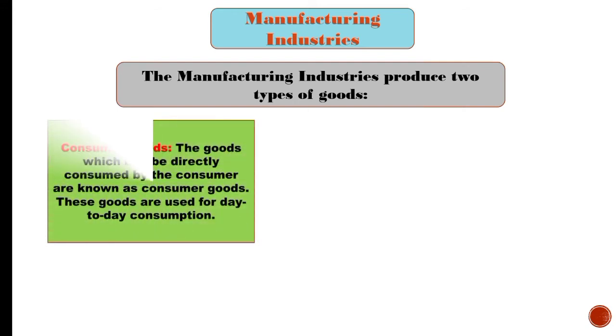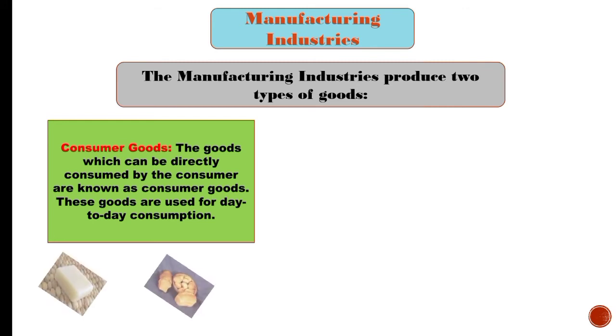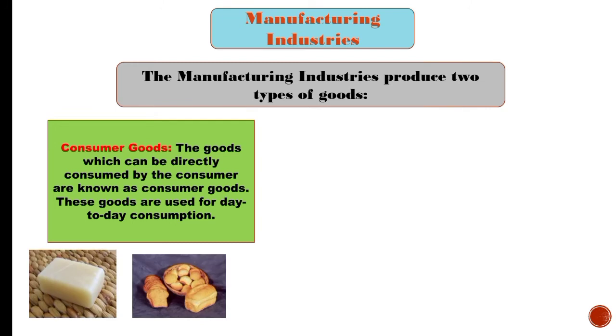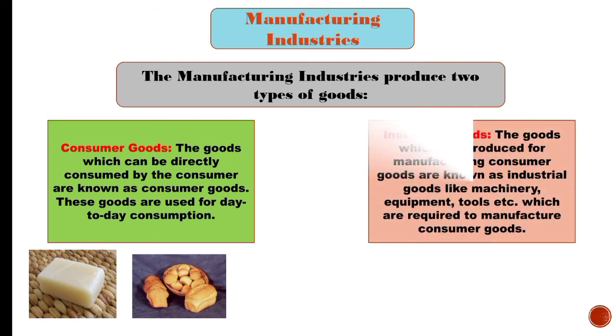First is consumer goods. Now, consumer goods are the goods which can be directly consumed by the consumer. It is known as consumer goods, and these goods are used for day-to-day consumption. Examples of consumer goods can be cloth, oil, soap, bread, etc. Now, the second type of good produced by the manufacturing industry is industrial goods.